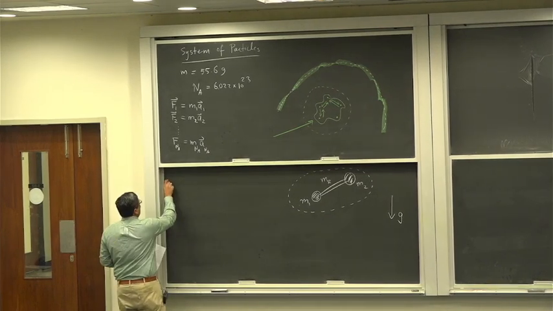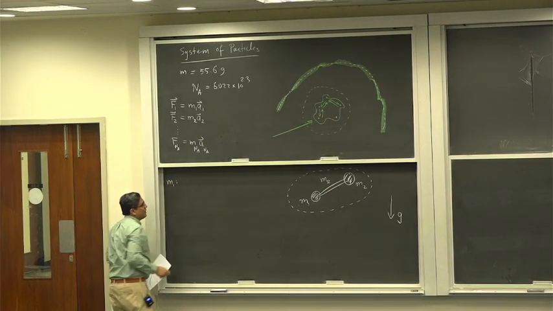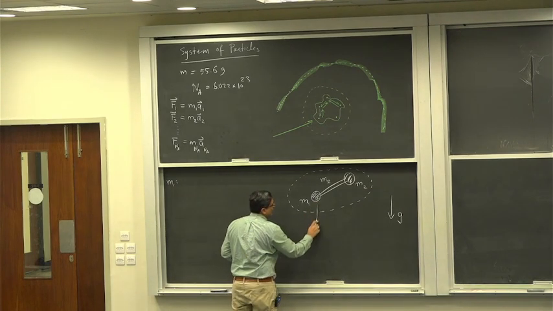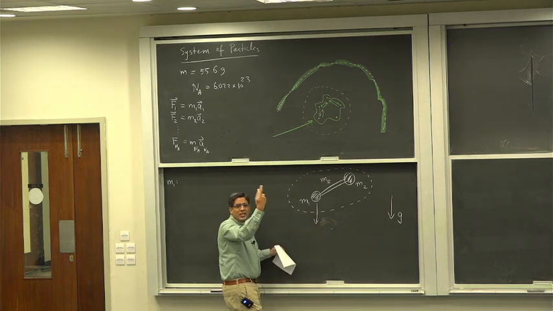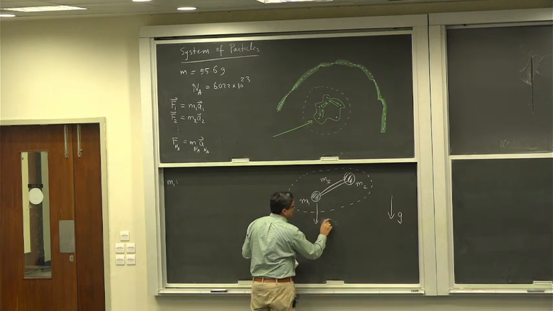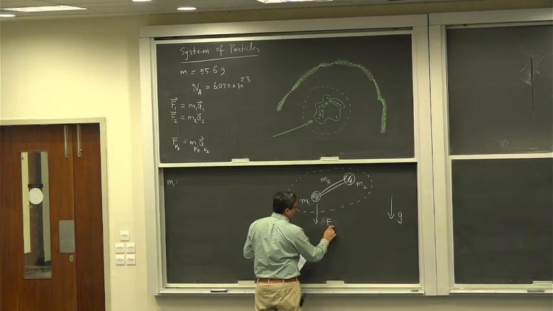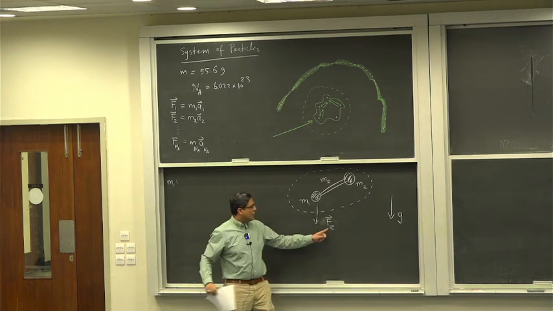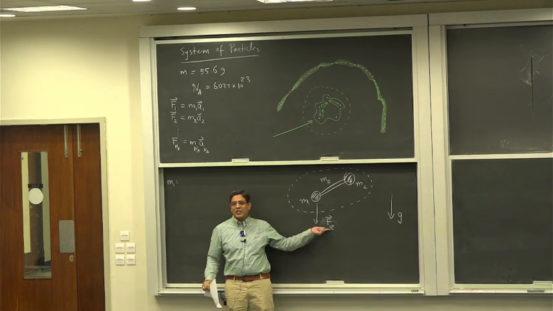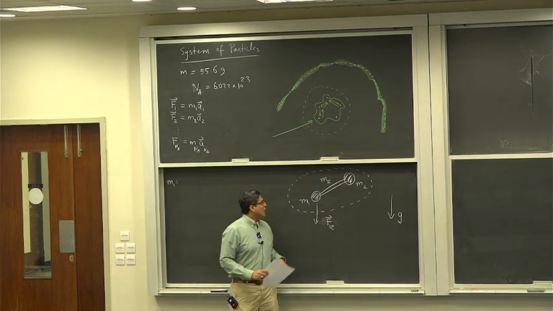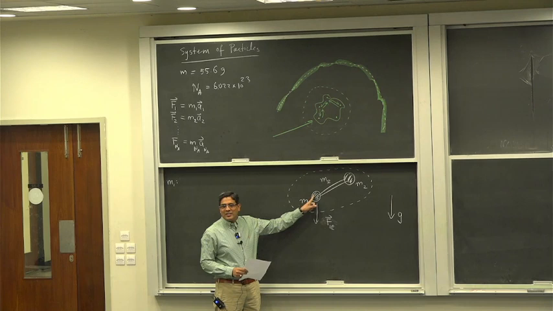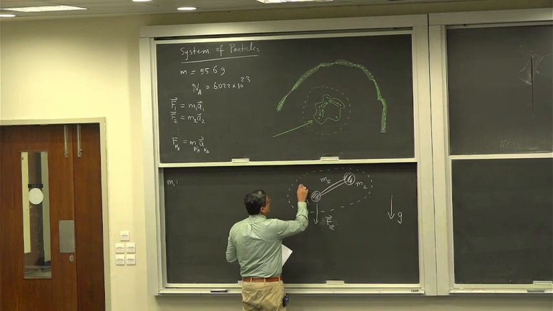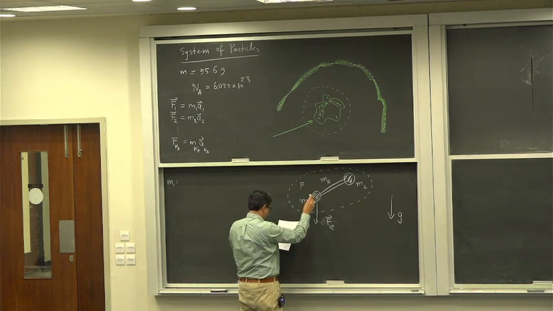All right, so we take m1 first. What are the forces acting on it? So let's not write it mg. There is one external force. I'm just writing this as F1e, and by this notation I mean the external force acting on mass 1. Now there is a force that this rod is exerting on this mass 1. That is my second force, and let me just write the notation.